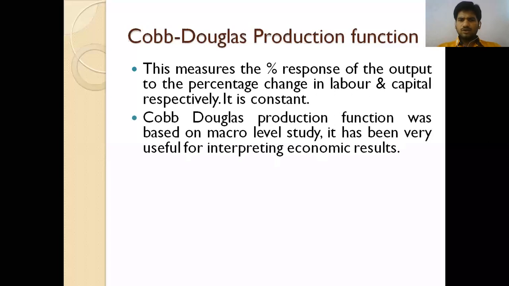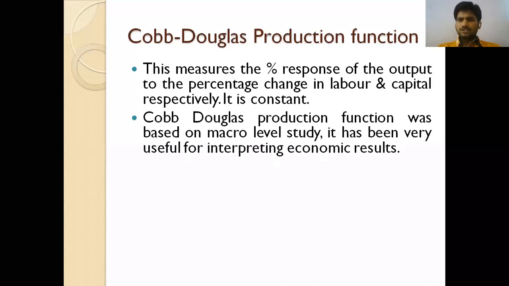The Cobb-Douglas production function was based upon a macro level of study, and we know what micro and macro mean. As a macro level, it is a very in-depth study of the organization.